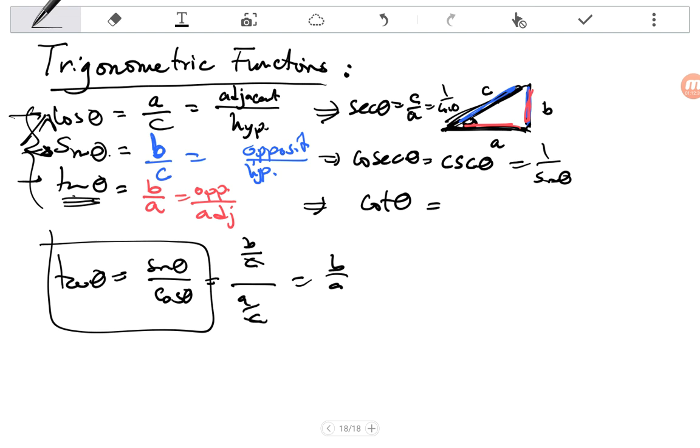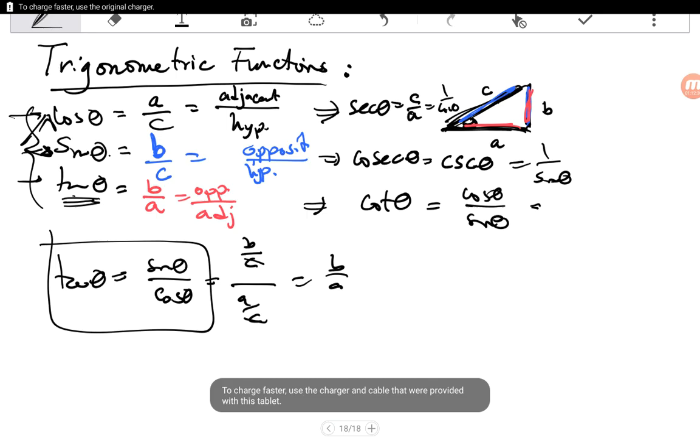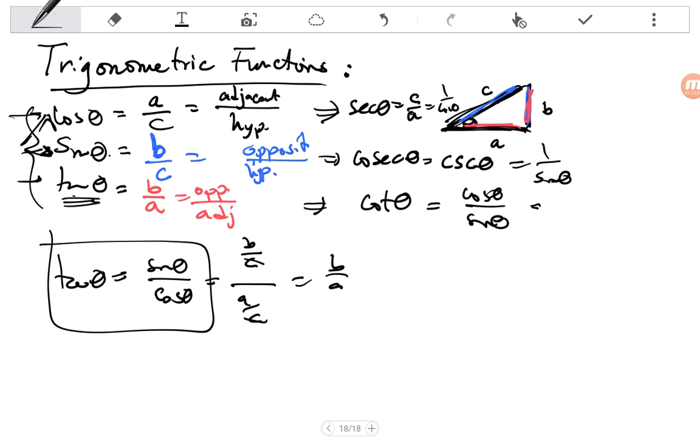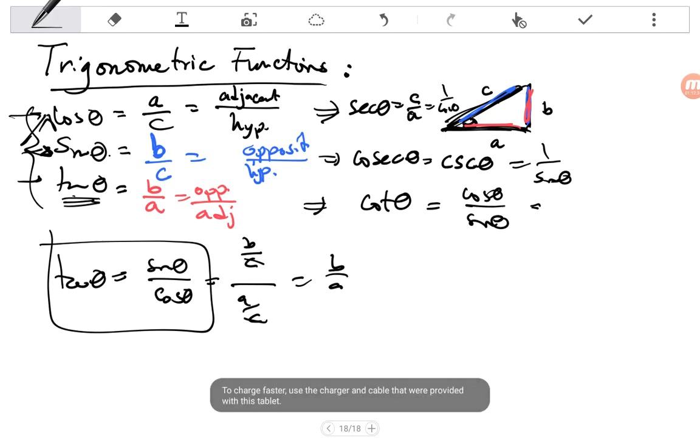So what is cotan theta, which is the reciprocal of tan theta? It is cosine theta divided by sine theta, or the adjacent divided by the opposite. So these are the main 6 trigonometric functions.